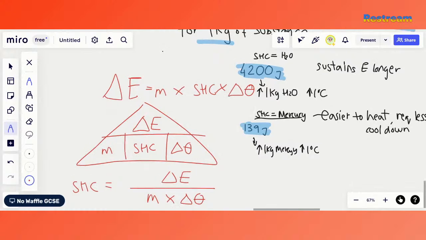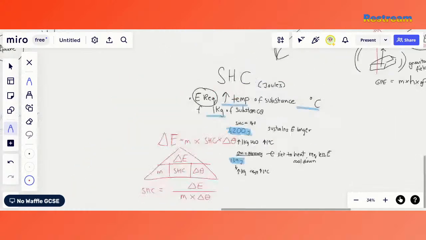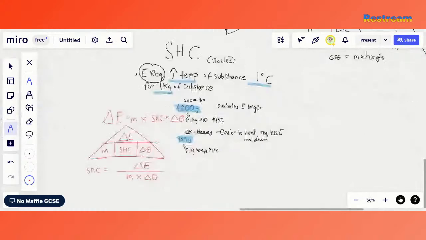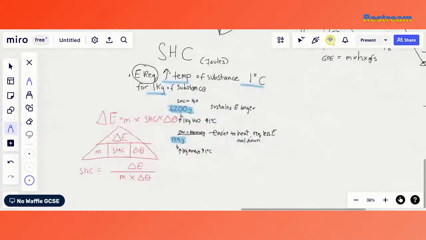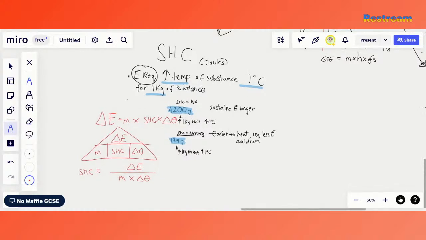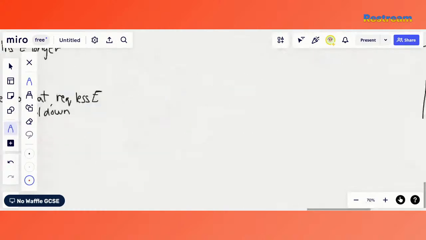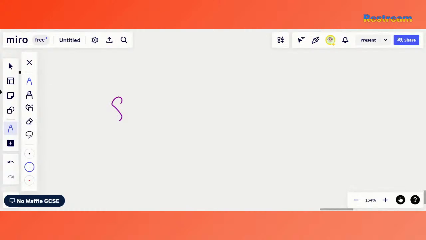And as we said, you can investigate the specific heat capacity of a substance by using certain equipment. I believe it's a required practical. Yes, it is a required practical. So let's look at this required practical. What you're doing in this required practical is you're investigating the specific heat capacity of a block material.